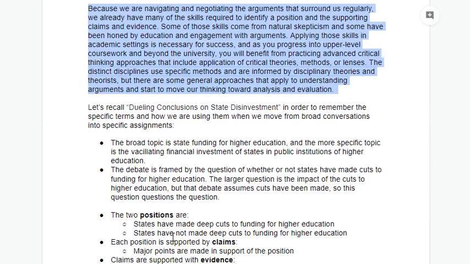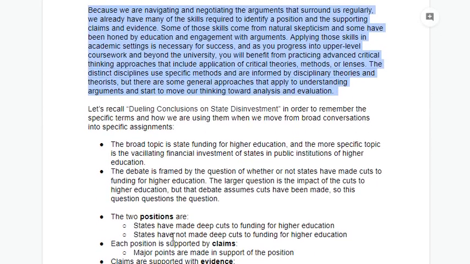Because we are navigating and negotiating the arguments that surround us regularly, we already have many of the skills required to identify a position and the supporting claims and evidence. Some of those skills come from natural skepticism, and some have been honed by education and engagement with arguments.